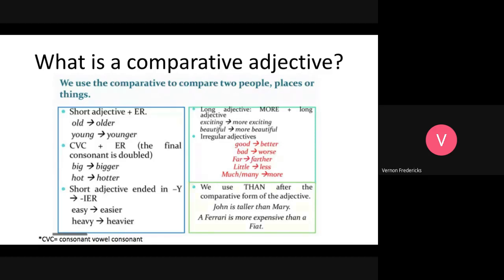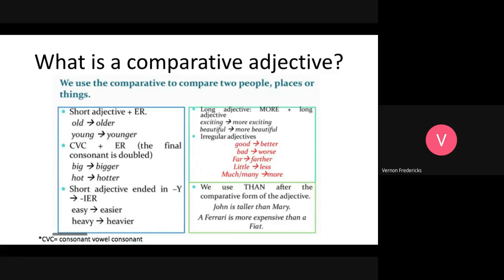Point number four. Long adjective, more plus long adjective. Exciting, more exciting. Beautiful, more beautiful. Brilliant, more brilliant. Or the opposite: less exciting, less beautiful, less brilliant. Irregular adjectives.